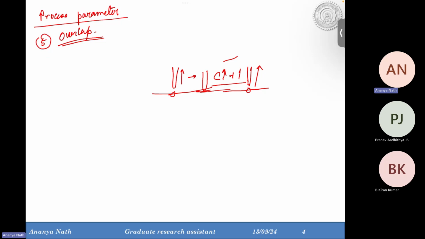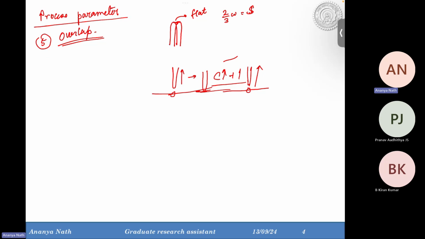In the case of FDM, if you remember, we had one bead, and over the bead another bead was deposited like this, and there was something that made it flat. Like if the bead width is something like 2 by 3 of the bead width, you will have that surface roughness. You have some equation.